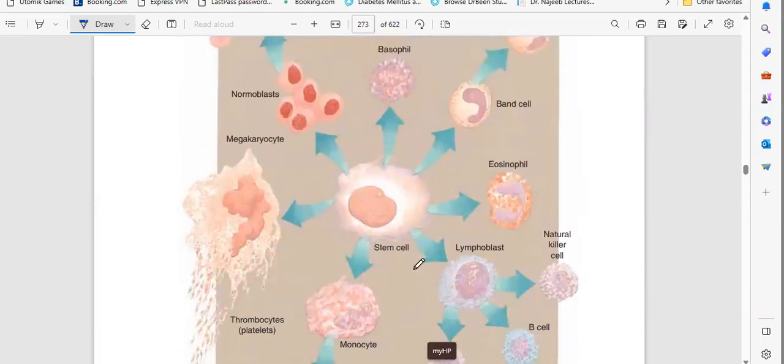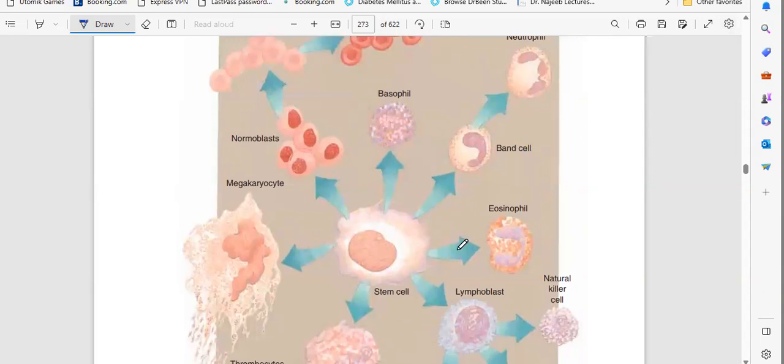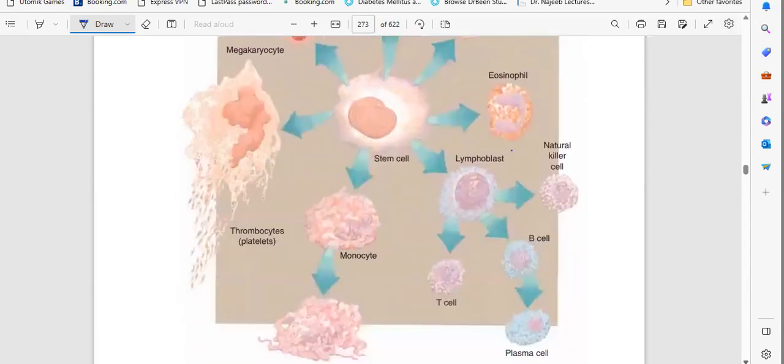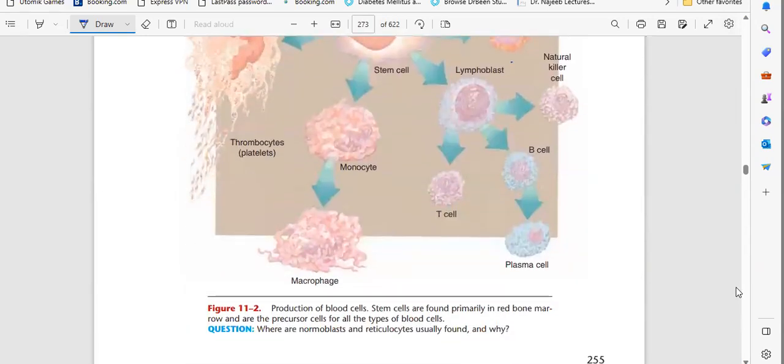Red blood cells. So this is the diagram of red cells.